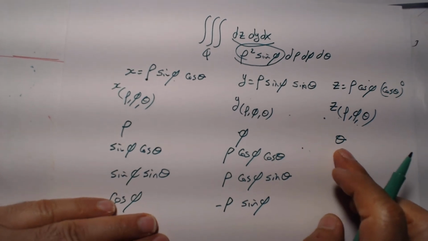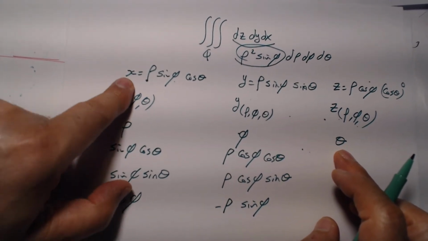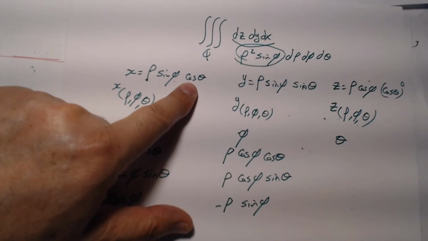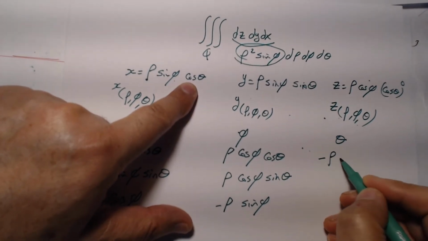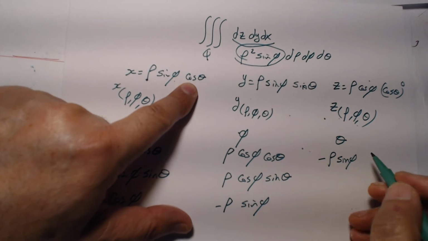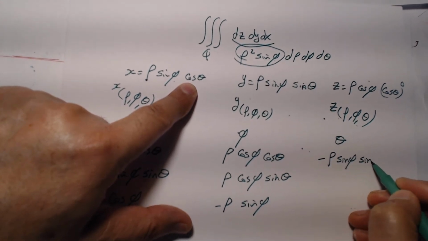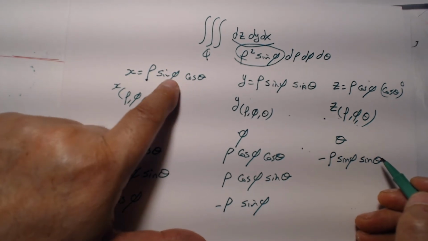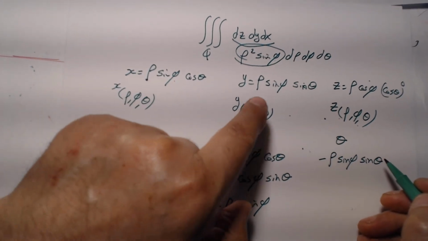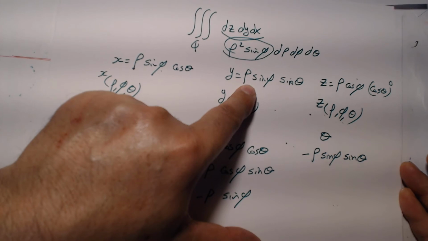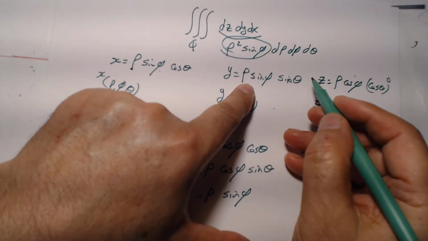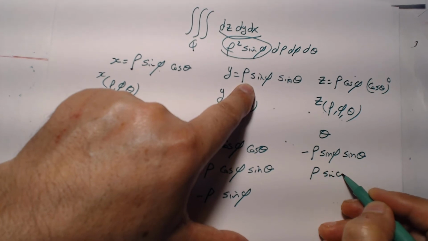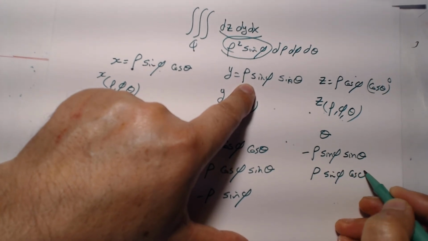Also, I have theta. What is the partial derivative of x with respect to theta? The derivative of cosine theta is negative sine, so it is negative rho sine of phi sine theta. I need the partial derivative of y with respect to theta. The derivative of sine is cosine, so it is rho sine of phi cosine theta.